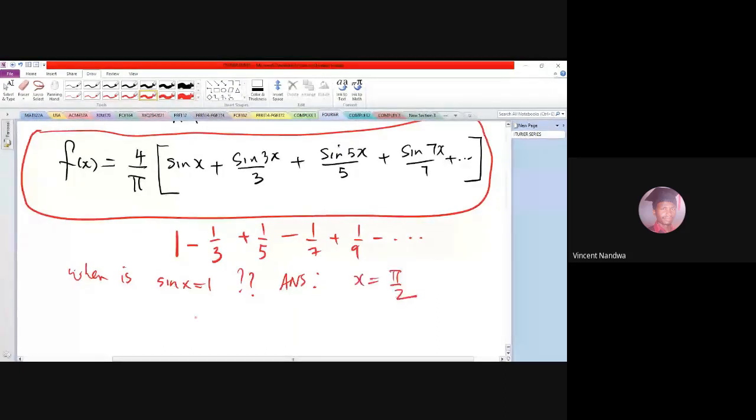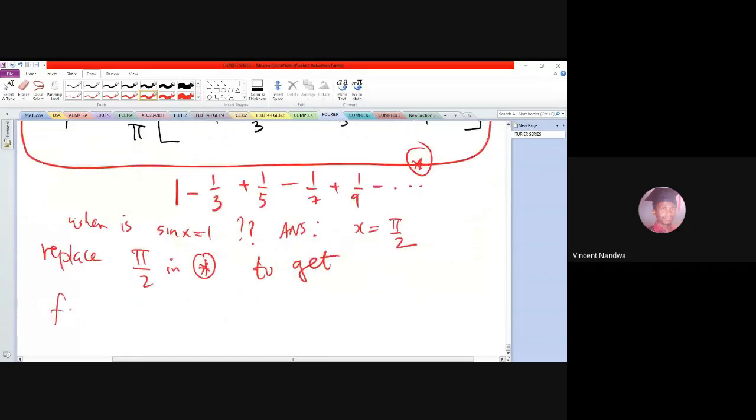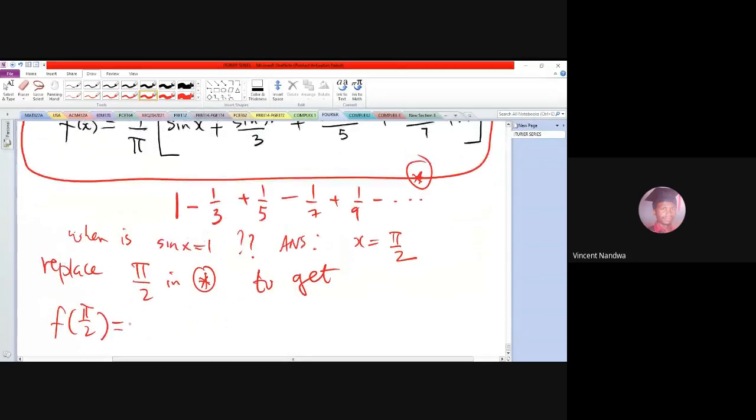So replace x with pi over 2, let me call this solution star, to get f of pi over 2 equals 4 over pi, so the first will be 1, and then sine of 3 times 90, the answer is negative 1, so we get negative 1 over 3.